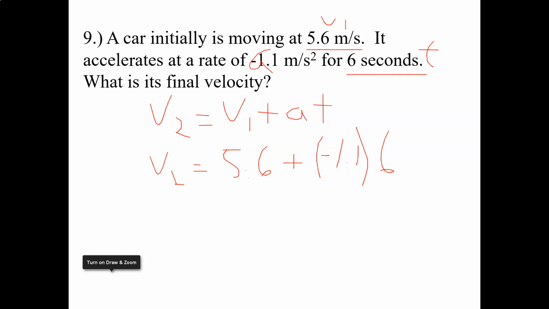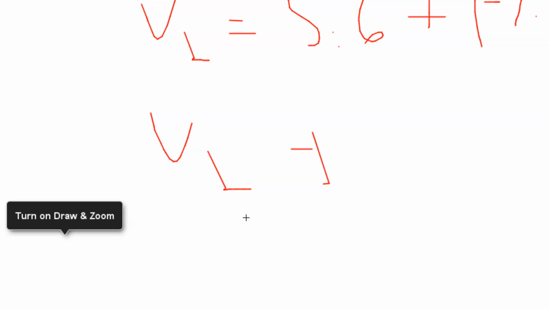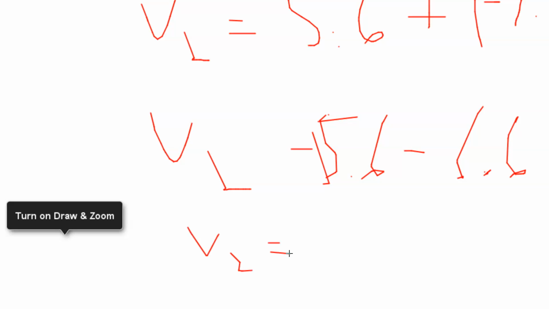Okay, it's not letting me put decimal places, whatever. So that means v2 equals 5.6, very frustrating when it does this, equals 5.6 minus 6.6. So my answer, v2, is equal to negative 1.0.